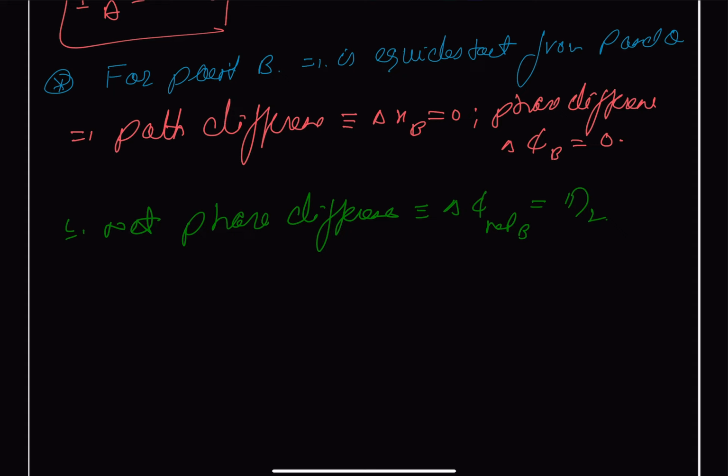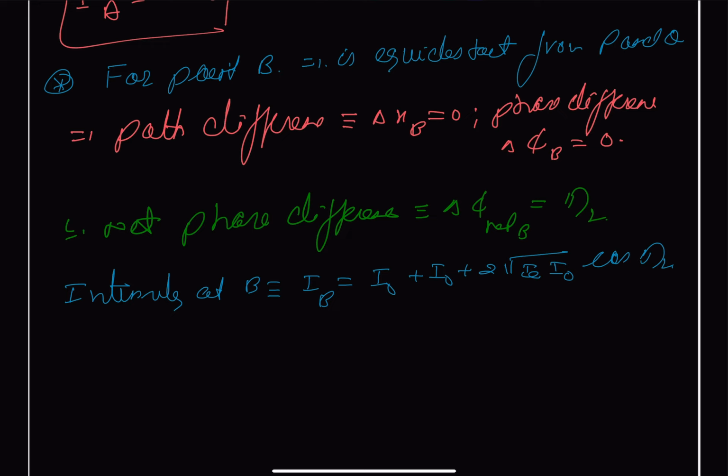Similarly, we can find out intensity at B. You can say intensity at B, let us suppose that is IB, will be equal to our I naught plus I naught plus 2 square root of I naught times I naught and cos of pi by 2, and cos pi by 2 is 0.